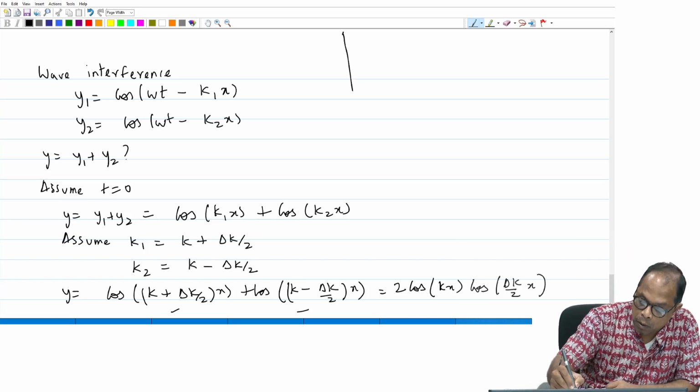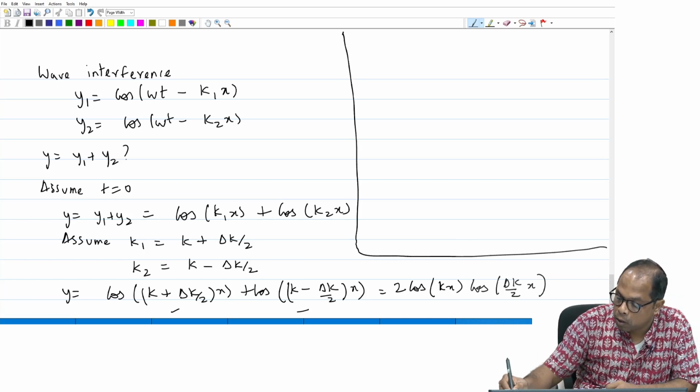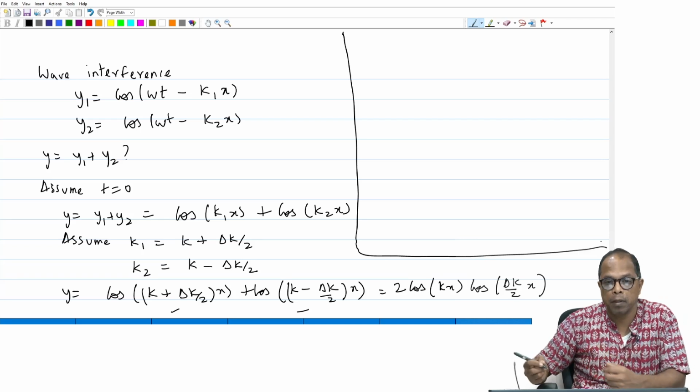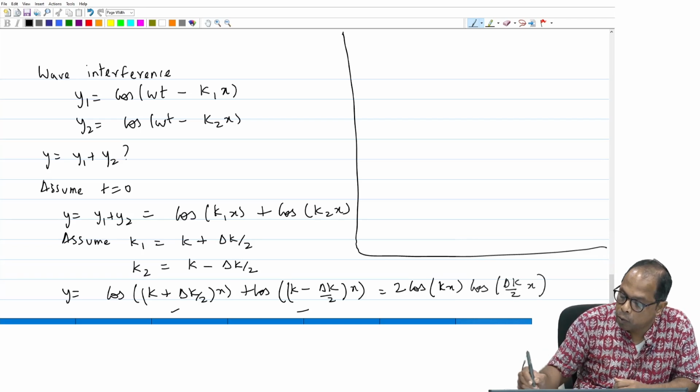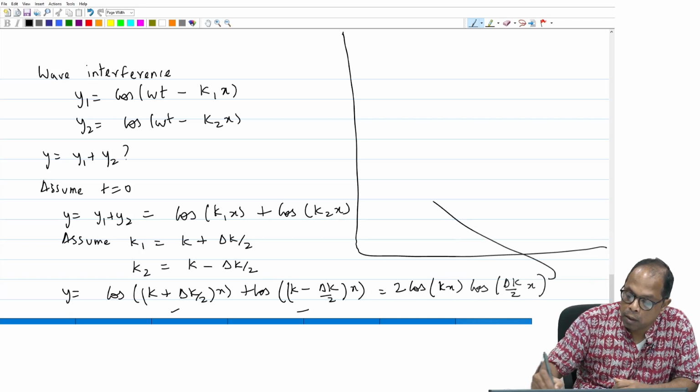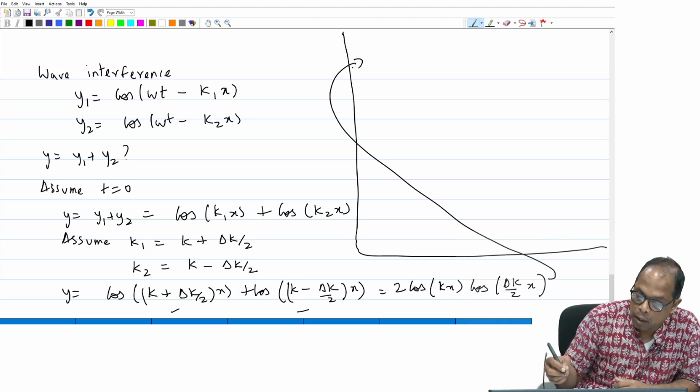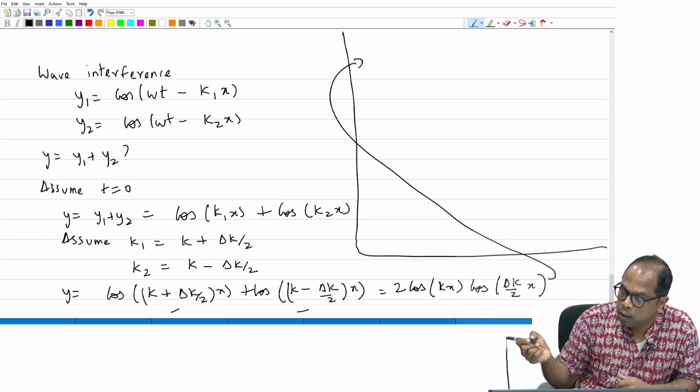Now, there are not that many more steps left in the solution. I'm going to continue it here. Okay. Now, what is this?